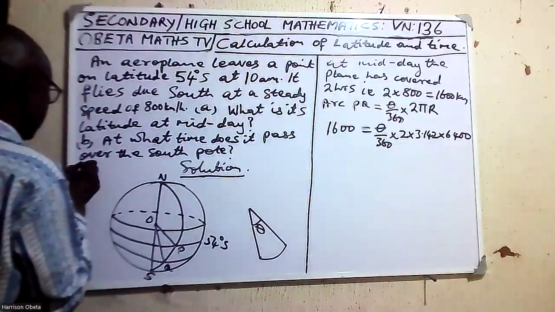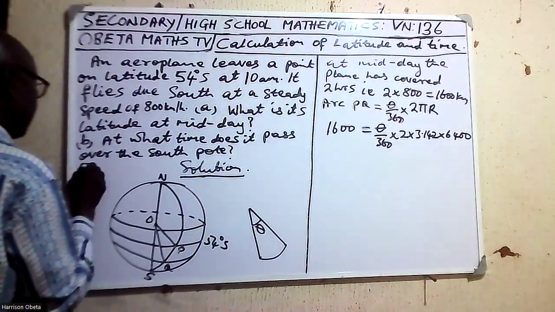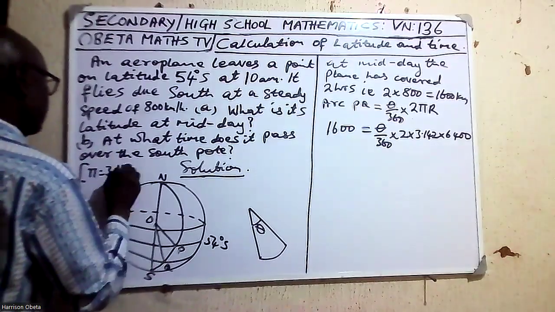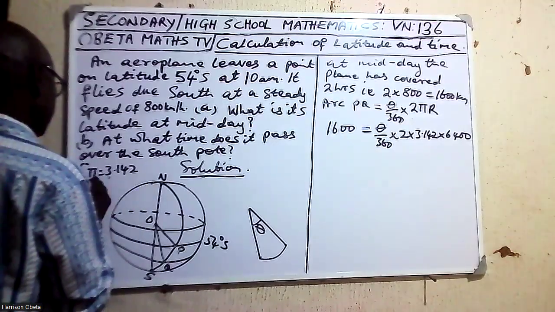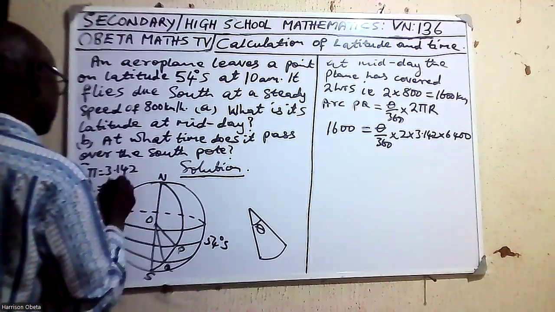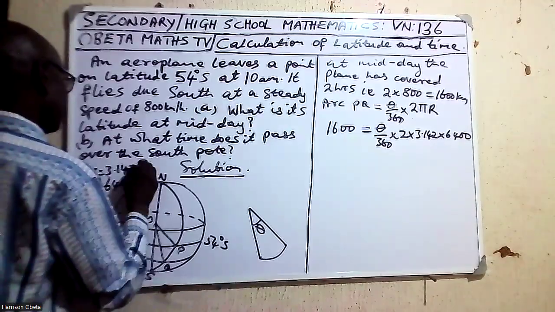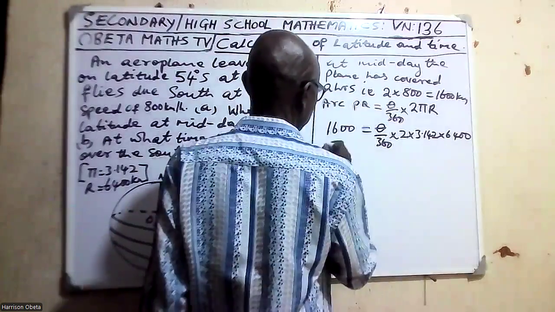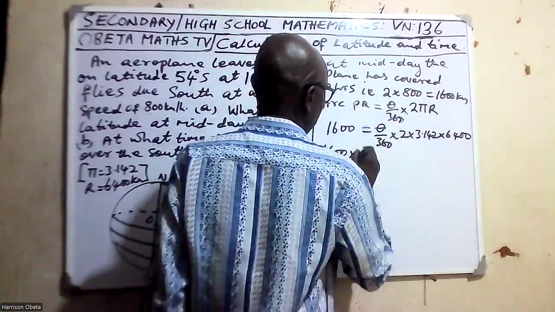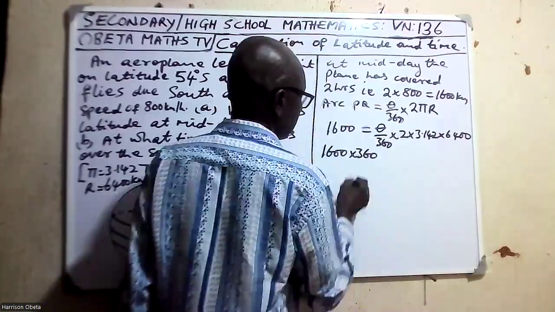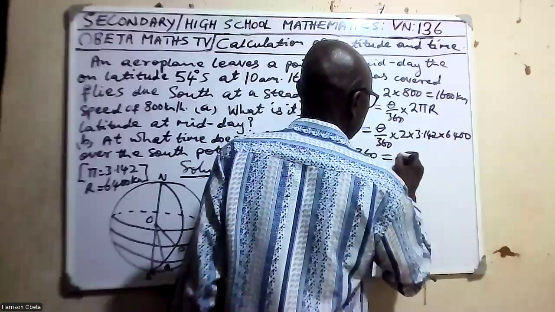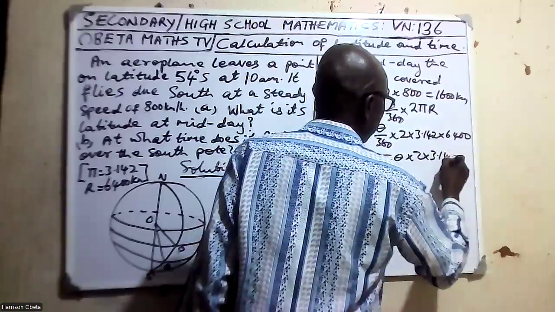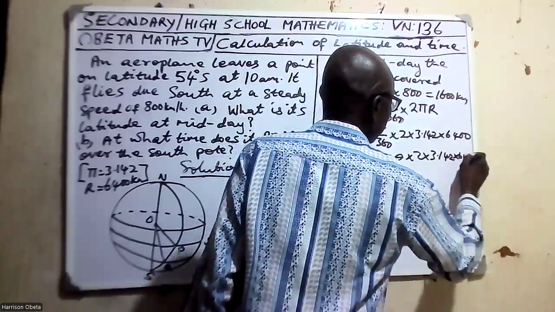Meanwhile, we have to take pi equal to 3.142 and then r equal to 6,400 kilometers. Okay, so moving on, we have 1,600 multiplied by 360 is equal to theta times 2 times 3.142 times 6,400.